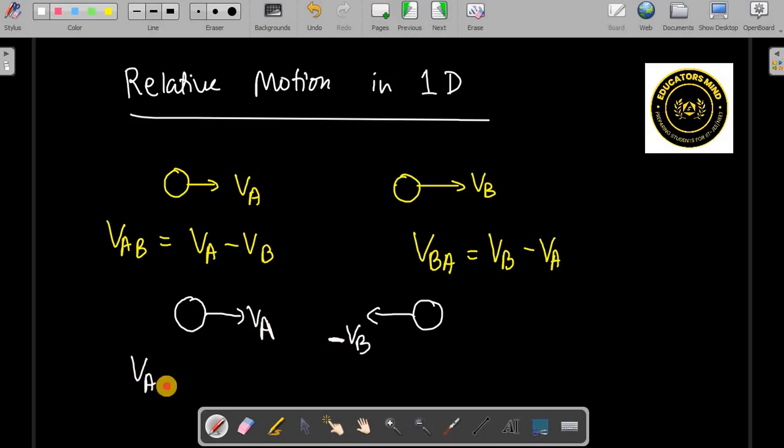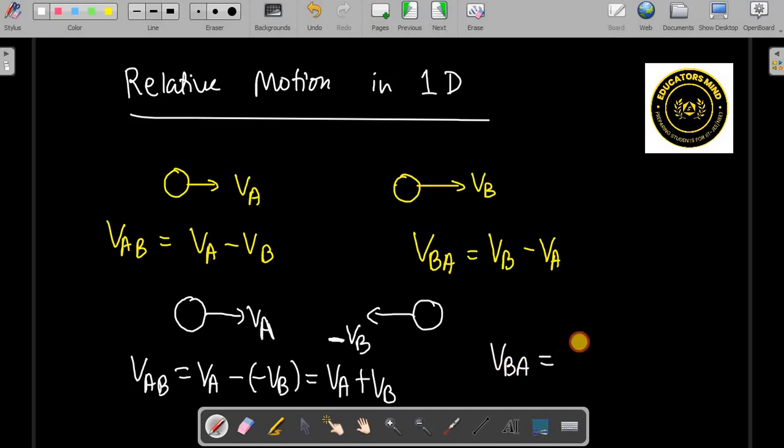So VAB will be VA minus VB. Now VB is minus of VB, so it will become plus. Similarly, if you write VBA, it is VB minus VA, but VB is negative itself because the direction is opposite, so this becomes minus of VB plus VA.